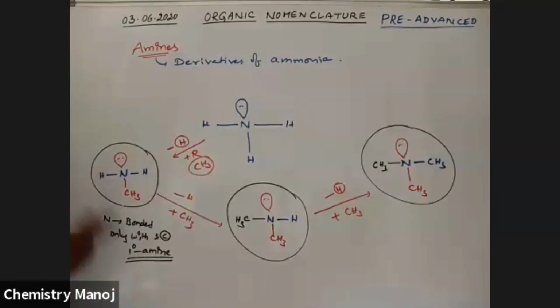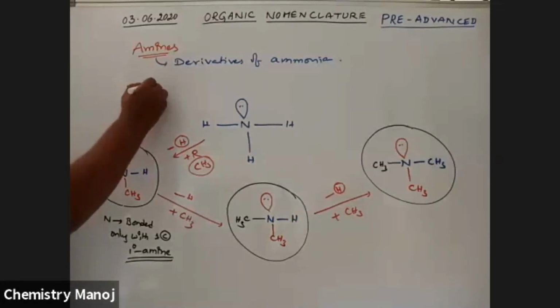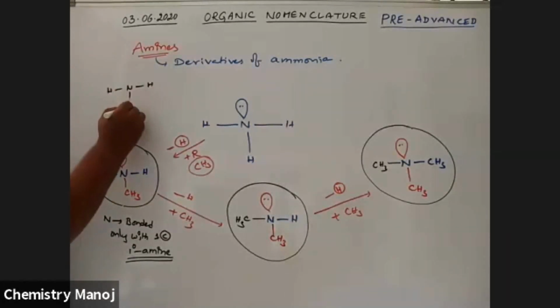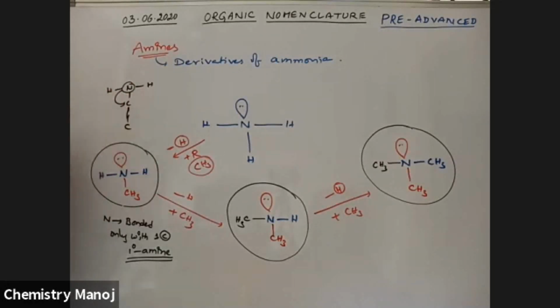That means there is continuation: here two hydrogens, and the chain continues, for example nitrogen, hydrogen, hydrogen, CH2, CH2, connected like this. But nitrogen is connected directly with only one carbon. It is just a common name. So nitrogen bonded directly with only one carbon is the primary amine.